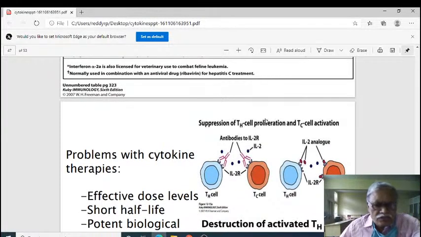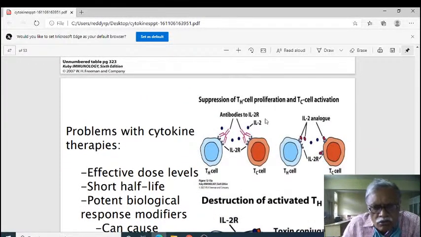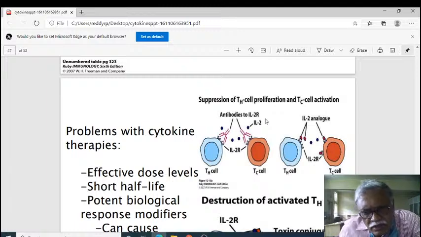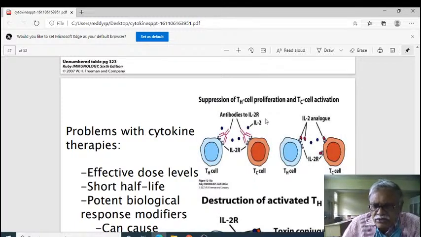The problem with cytokine therapies is the suppression of T helper cell proliferation and suppression of cell activation, and antibodies to interleukin 2 or the interleukin 2 receptor on the T helper cell lead to destruction of activated T helper cells.